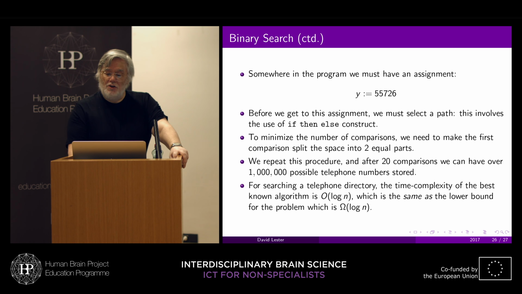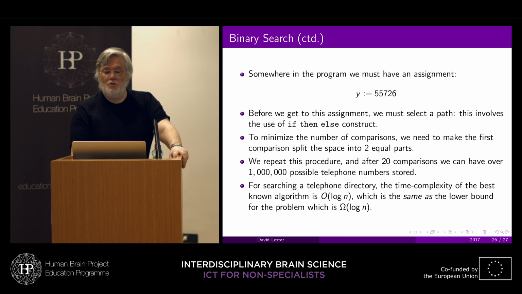So searching a telephone directory, the time complexity of the best known algorithm is order log n, and that's the same as the lower bound for the problem, which is omega log n. So we've got no algorithmic gap in this one particular case. I should caution you that this is probably the only algorithm and problem where we know this to be the case, other than something even simpler.